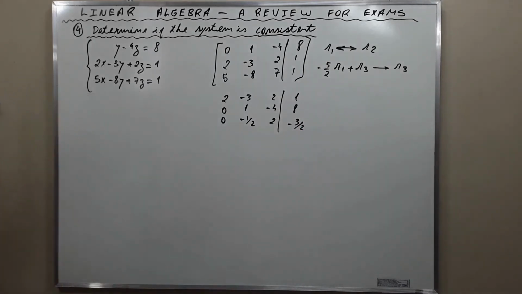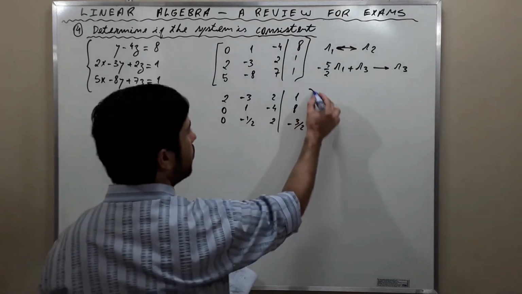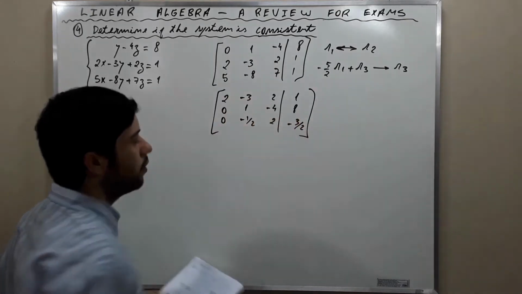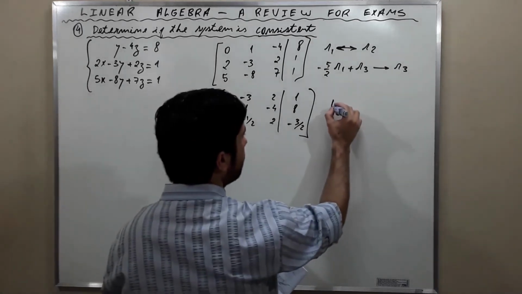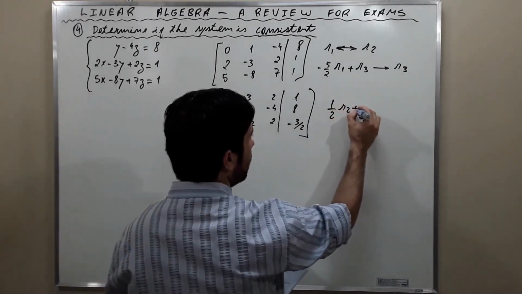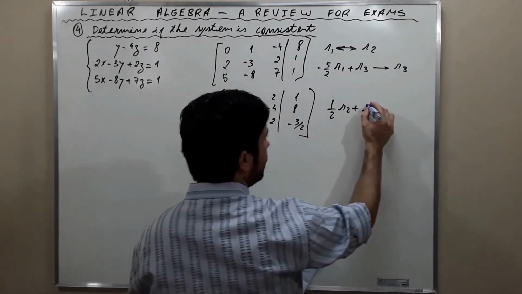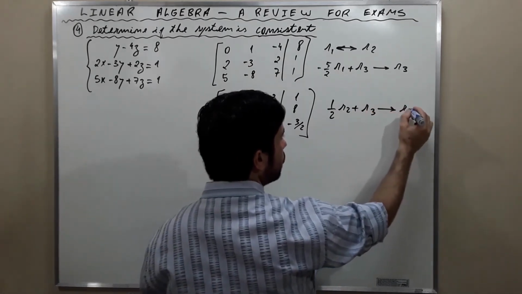Okay? And to finish, we are going to carry out these operations: negative half of row 2 plus row 3, and substituting row 3.